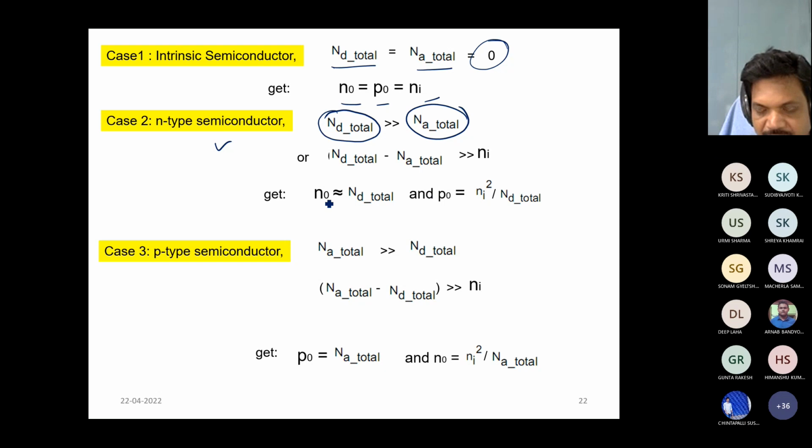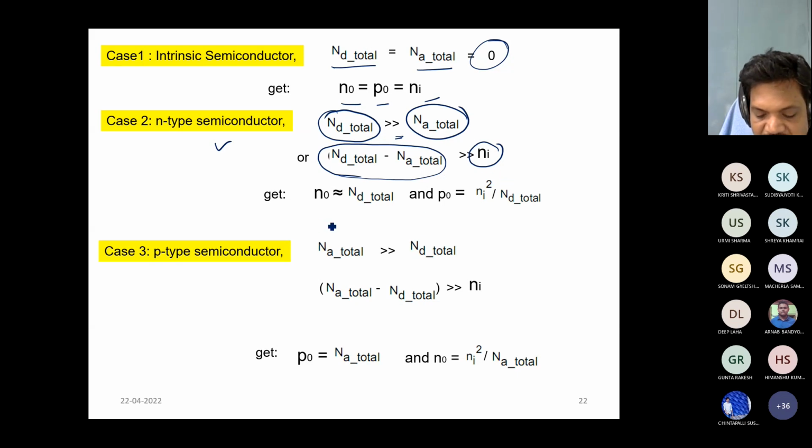For N-type semiconductor, effectively the doping concentration is much more. As it is very, very greater than the acceptor atoms, the difference is also very, very greater than the intrinsic concentration.